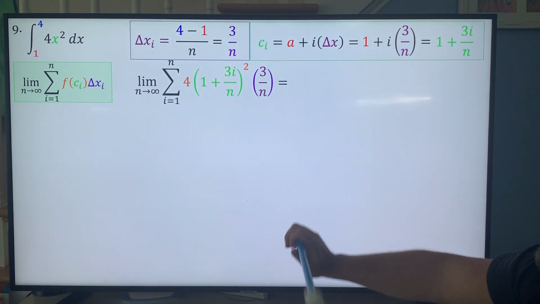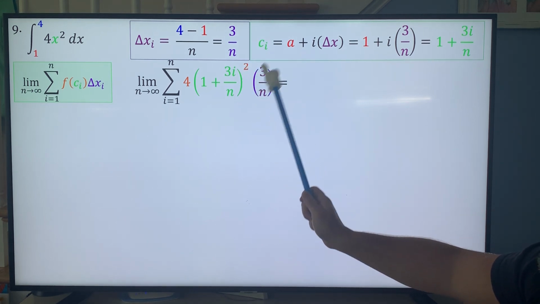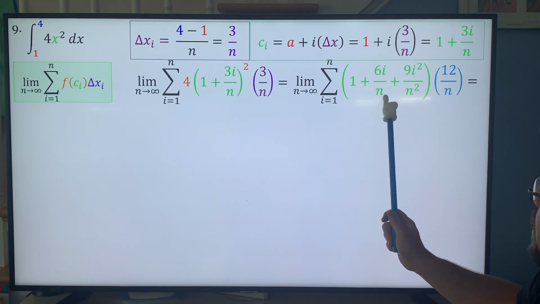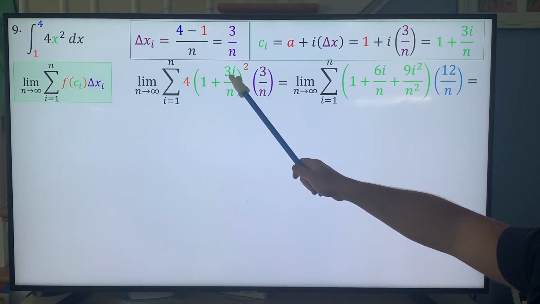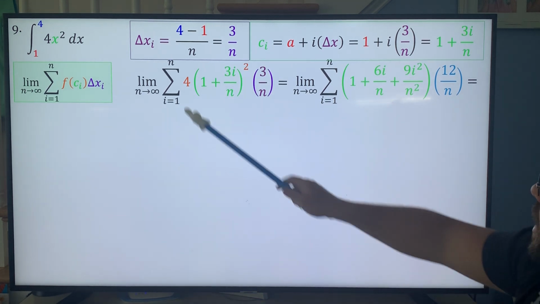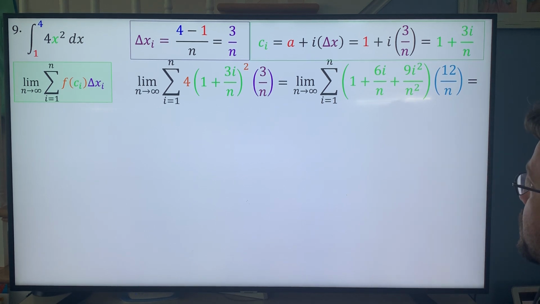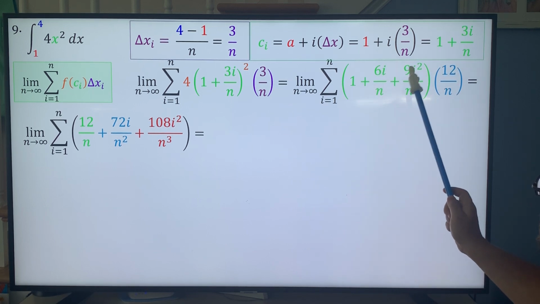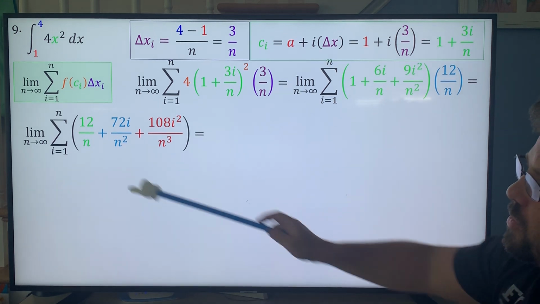So this becomes 1 plus 3i over n times 1 plus 3i over n, which is 1 plus 6i over n, plus the square of 3i is 9i squared over n squared, and then 4 times 3 over n is 12 over n. All right, distribute this in here, and you get 12 over n, 72i over n squared, 108i squared over n cubed. All right, now I'm going to split this up.